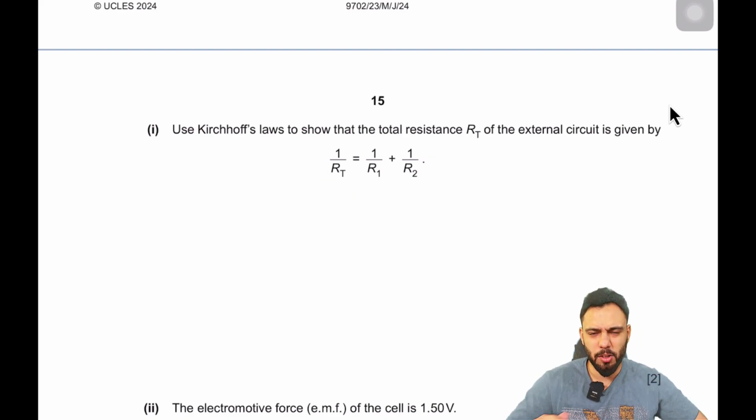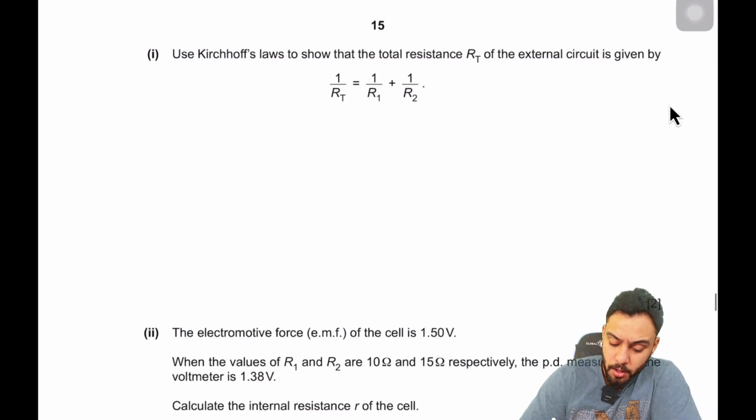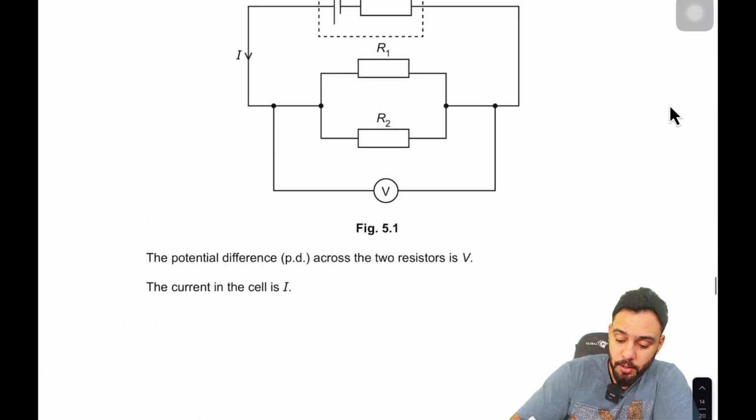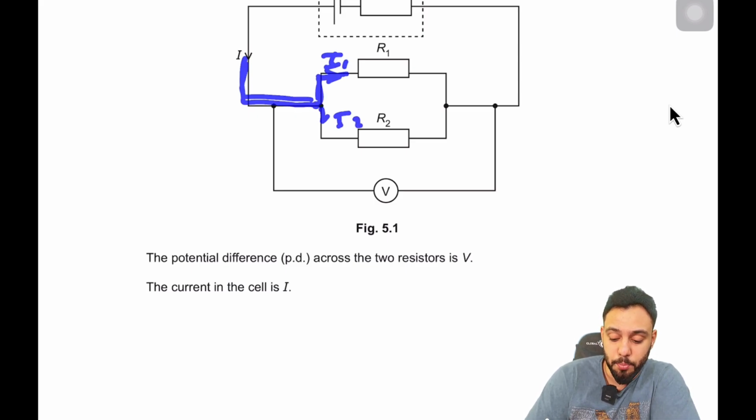Excellent question. A very similar question came up in the other paper of May-June 2024. So again, the total current is equal to the current I1 plus the current I2, because current entering the node is equal to the current exiting the node. I total divides into two parts.